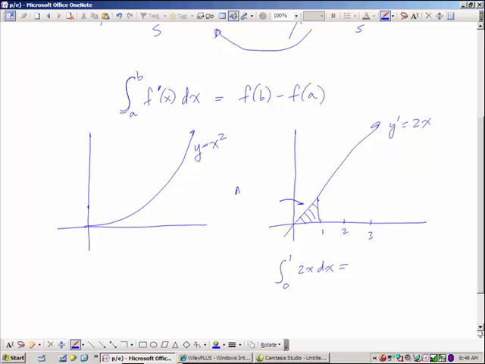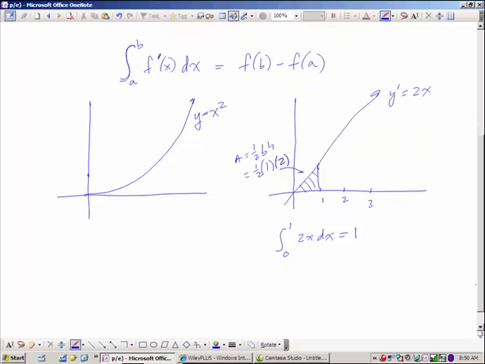All right, David said the area is 1/2 base times height. The base is 1. The height is 2. How'd you get 2? When you plug 1 into 2x. So that definite integral is 1. Is that okay? I would like to make a connection.